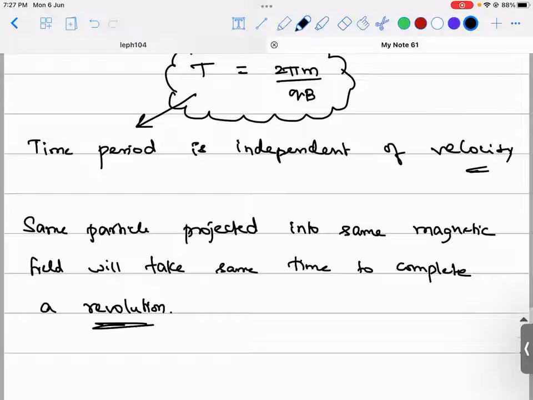The next one that we are going to see is when it is projected at an angle. This is the third case.